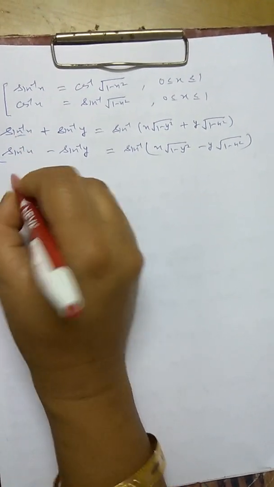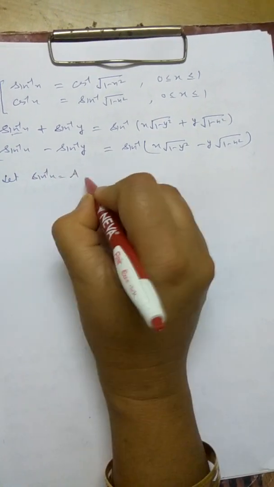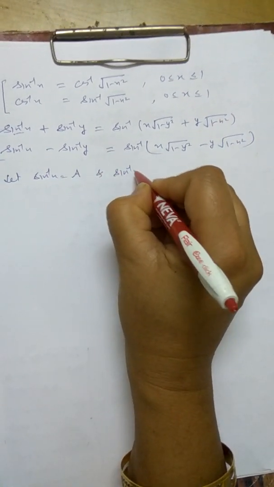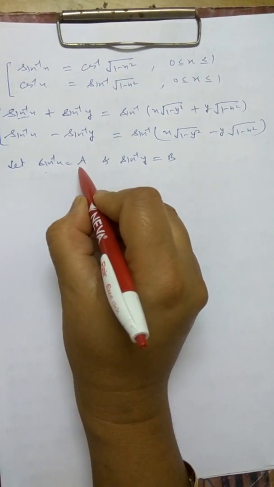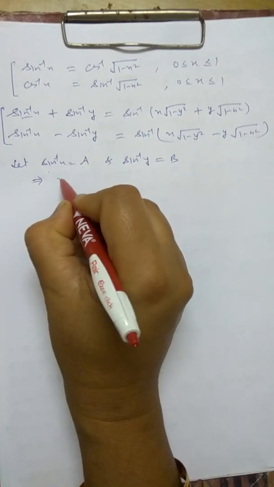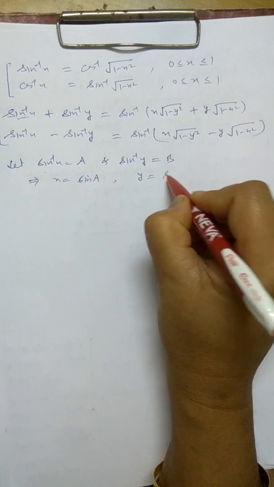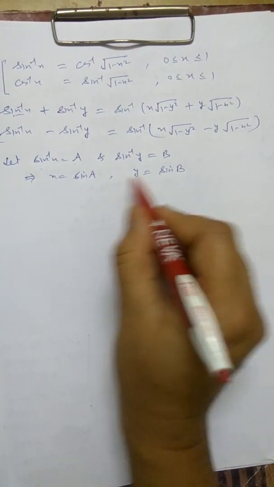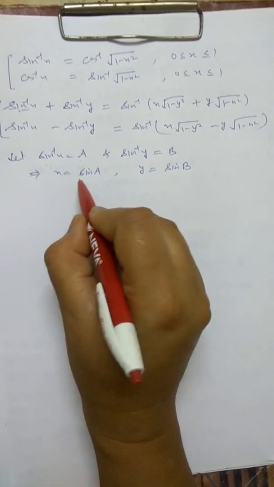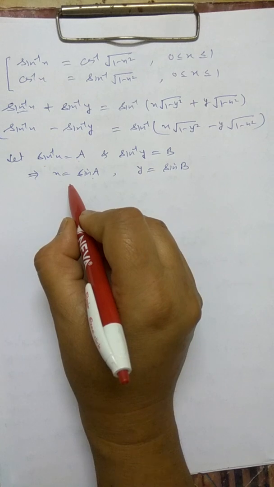Here we have to consider sine inverse x is equal to a and sine inverse y is equal to b. Sine inverse x is equal to a, it means x is equal to sine a, and y is equal to sine b. Is it clear? Now from this, if x is equal to sine a, we can find the value of cos a.